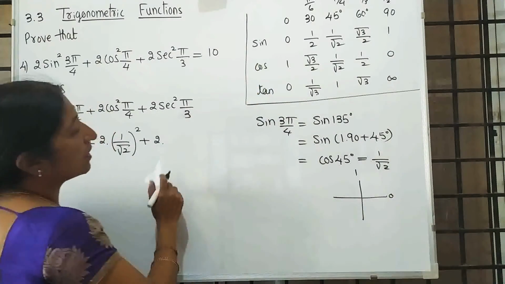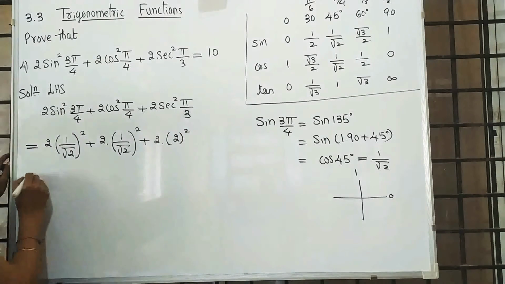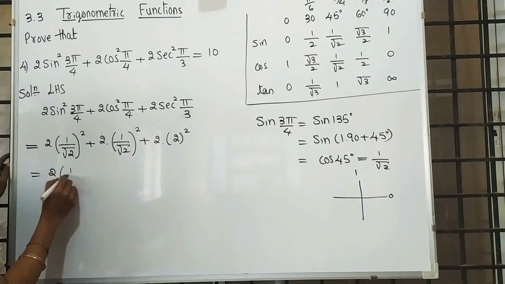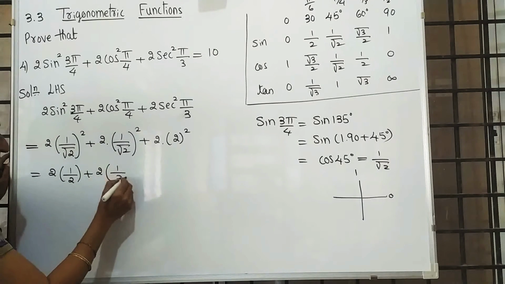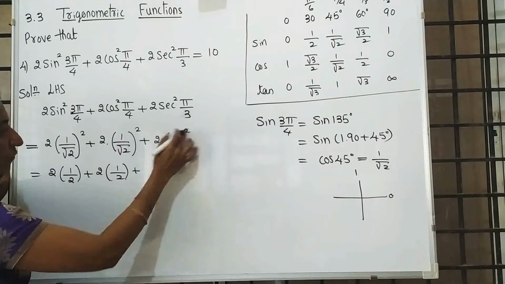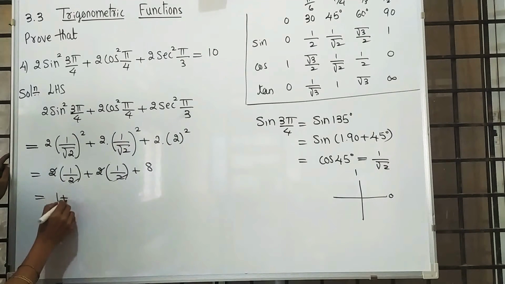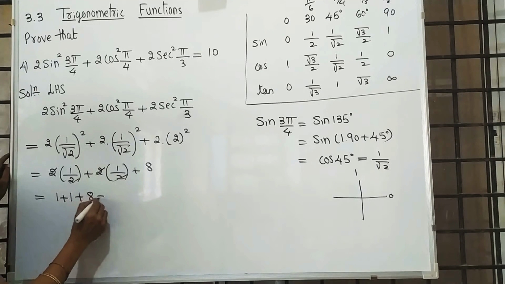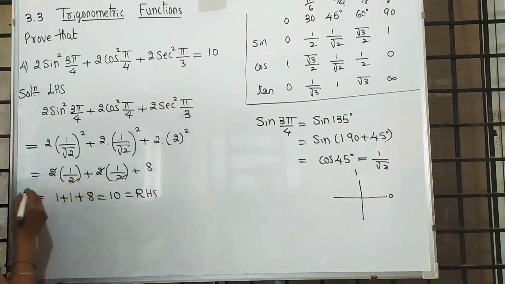Cos pi by 3 is 1 by 2, its reciprocal is 2. Here it is 2 into 1 by 2 plus 2 into 1 by 2 plus 2 square is 4, 4 2s are 8. 1 plus 1 plus 8, that is 10, and that is the required answer.